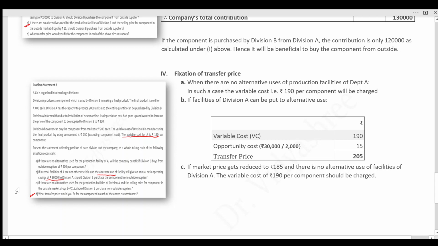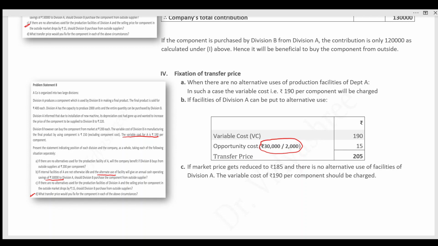This is nothing but what it is getting from the outside. That's why it's called opportunity cost. It is the cost which will be foregone if it sells this to division B. So let's calculate: that 30,000 savings divided by 2,000 units gives you rupees 15. So add both, and you can fix the transfer price.